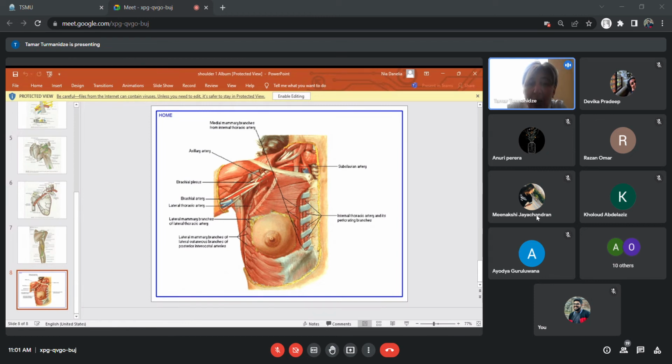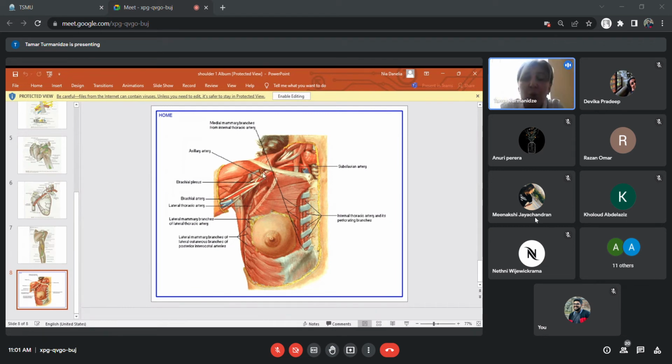The artery is located laterally to the vein. So on the medial side in this triangle we have the axillary vein. Laterally to the vein is located the axillary artery and the brachial plexus.